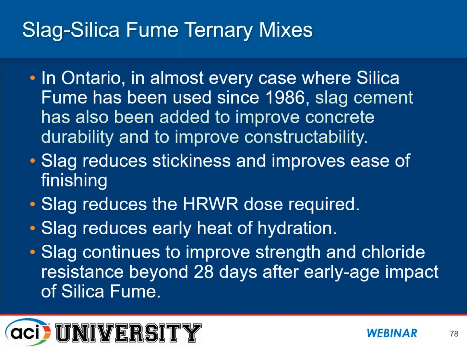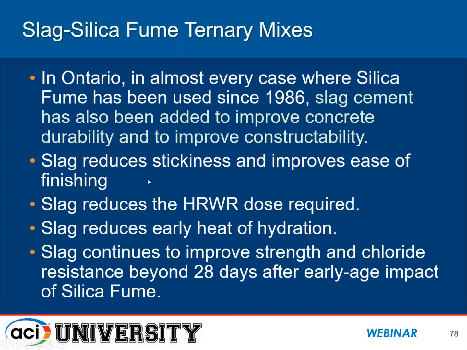Anytime silica fume's been used for the last 25 or 35 years, slag cement has always been added to improve concrete durability and constructability. When silica fume was first adopted, it caused a lot of stickiness. It was difficult to use the paving machines, and finishers didn't like it as much.